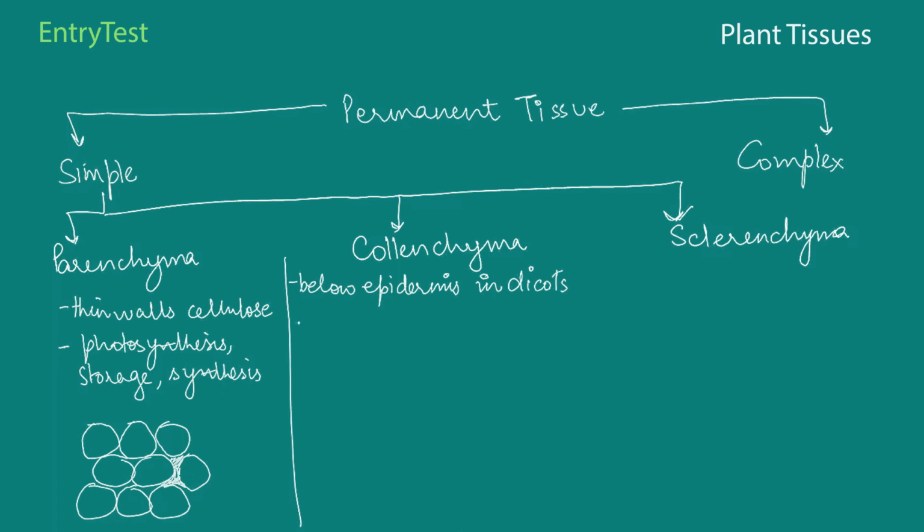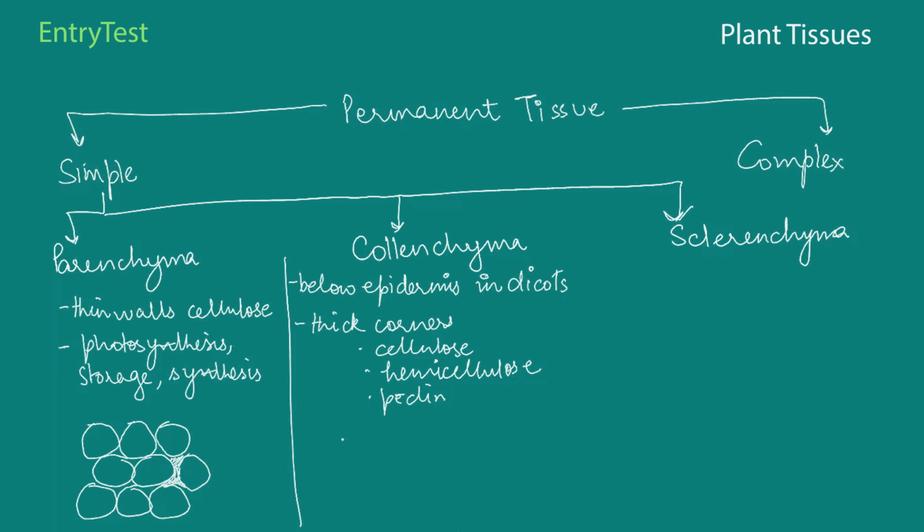One special thing is that they have cells that contain thick corners, and these corners are thickened due to the presence of either cellulose, hemicellulose, or pectin. They help to assimilate food whenever they have chloroplasts in them, and the basic function is to give mechanical support.